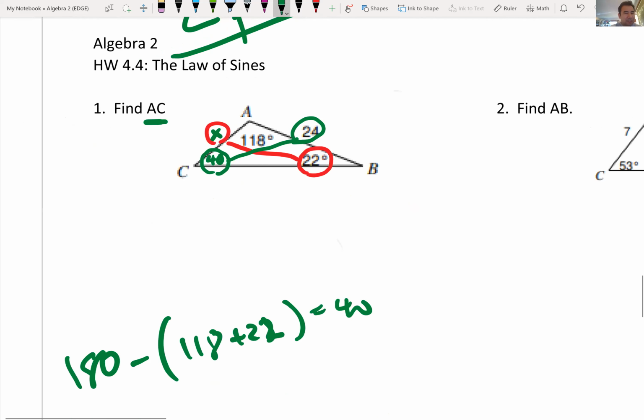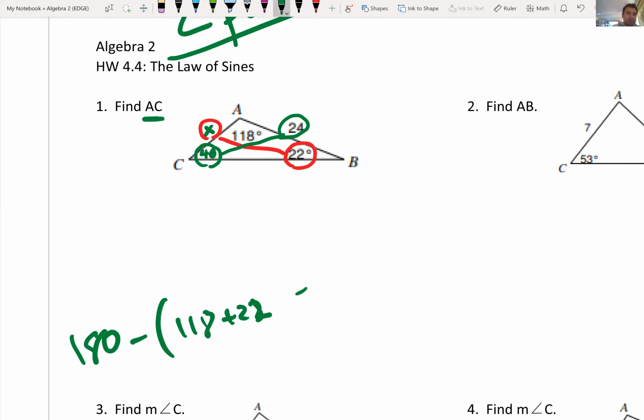Does that make sense, guys? Sometimes you do have to do a little bit of groundwork in order to have the right ingredients. So you should not be using 118 degrees. You can't use that, but rather we are going to use 40 degrees and 24. So let's set it up.